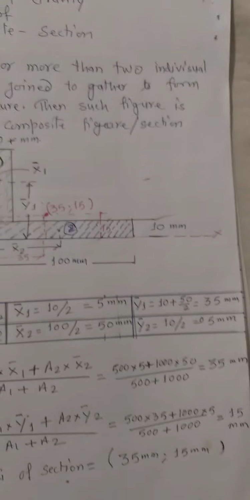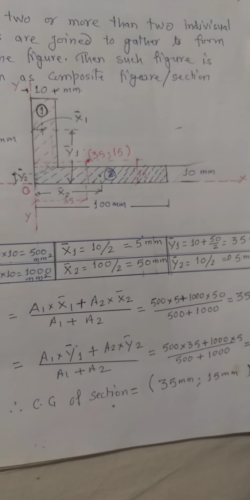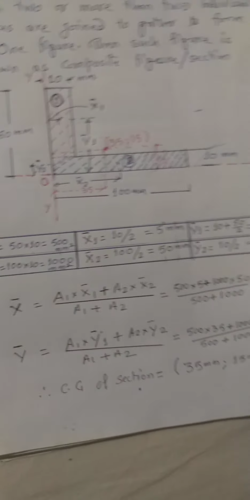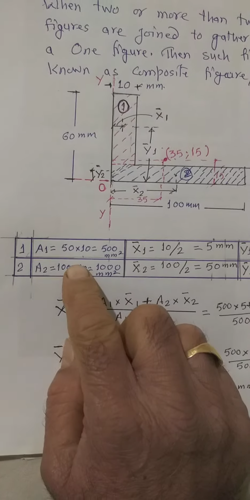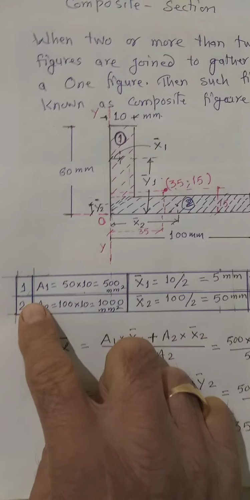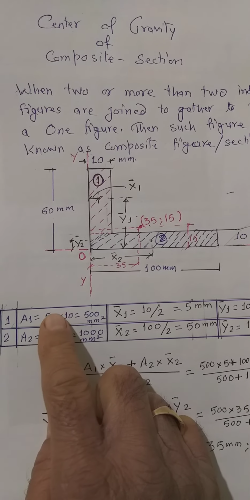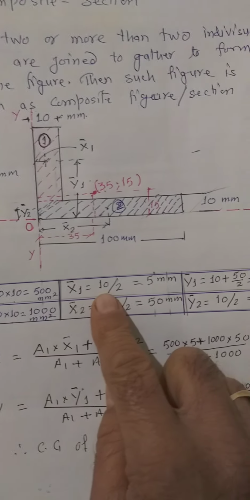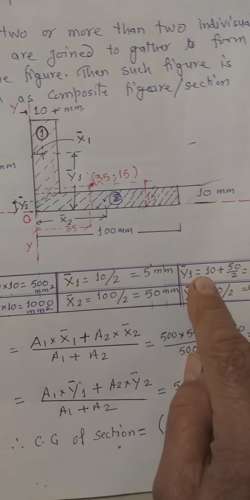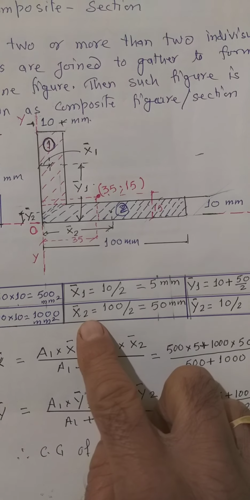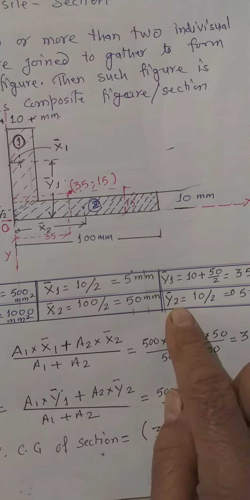It is convenient to put all these values in a tabular form for easiness of calculation and to get the quick results. I am drawing the tabular form. Just see figure number 1, and figure number 2. First block comprising of area A1, then x bar 1, y bar 1. The second one A2, x bar 2 and y bar 2.